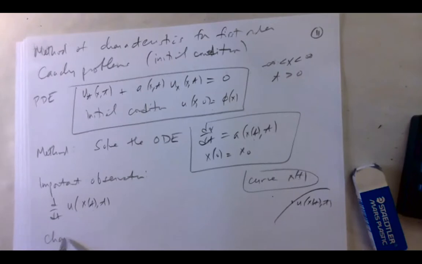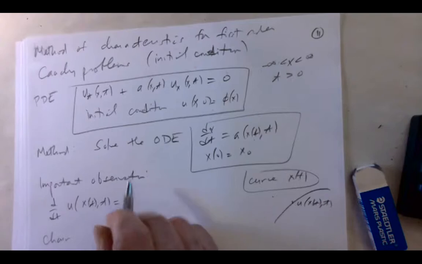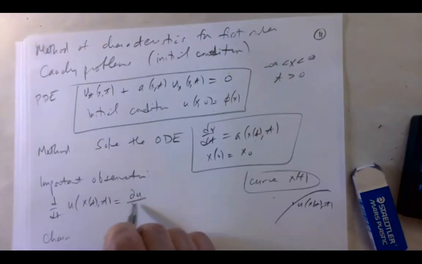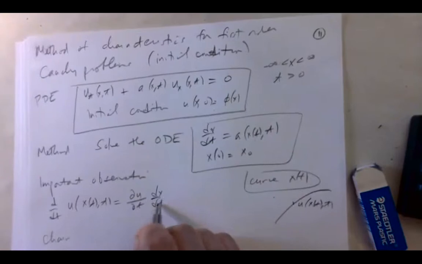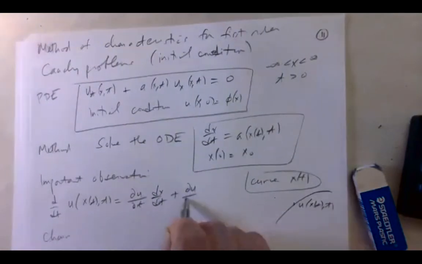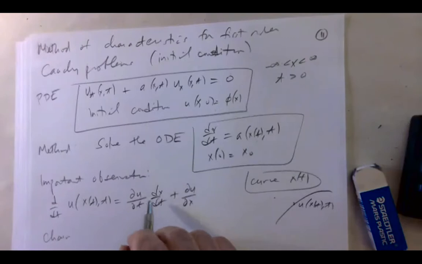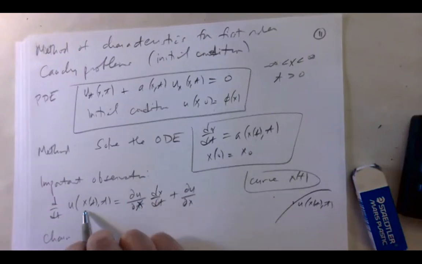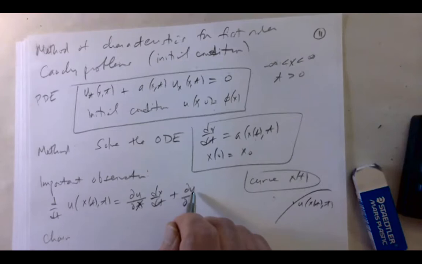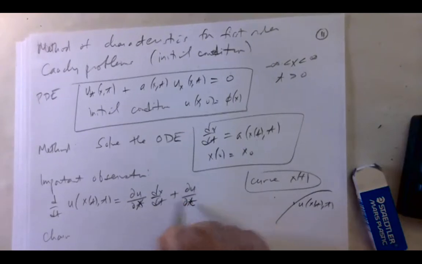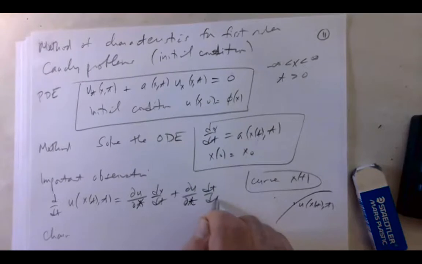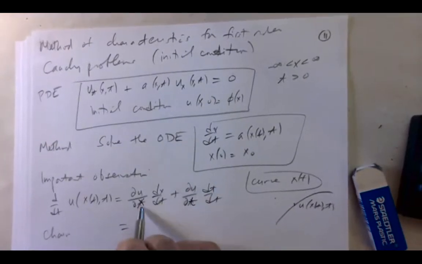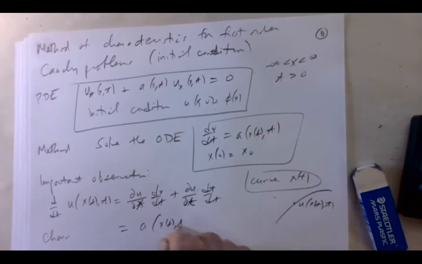So we use the chain rule for a real valued function of two variables. This is the partial of u with respect to x, the first variable, times dx/dt, plus the partial of u with respect to t times dt/dt. This is just one. What is dx/dt? dx/dt is a of x of t comma t.